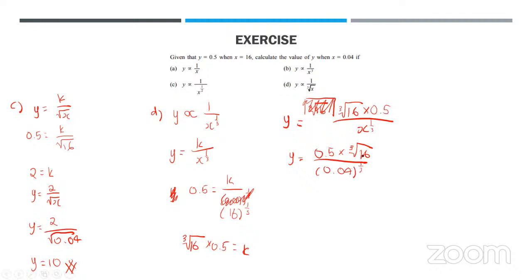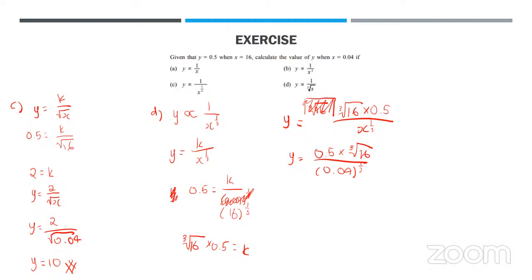Yeah, let's put that in there. Cube root 16 multiplied by 0.5 divided by 0.04 to the power 1/3.